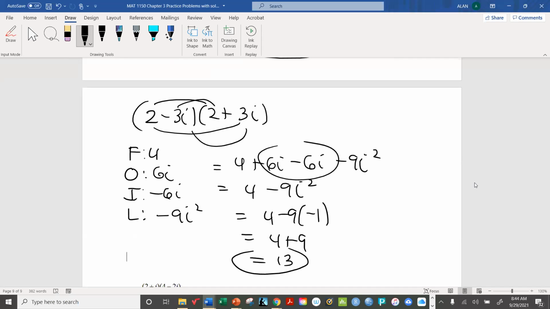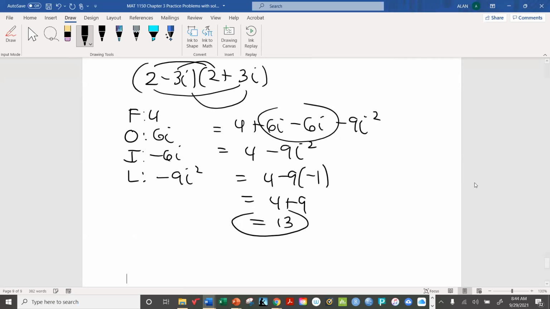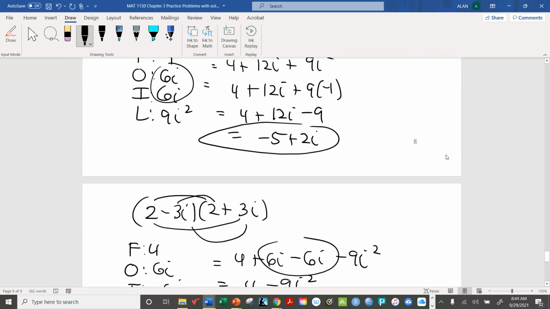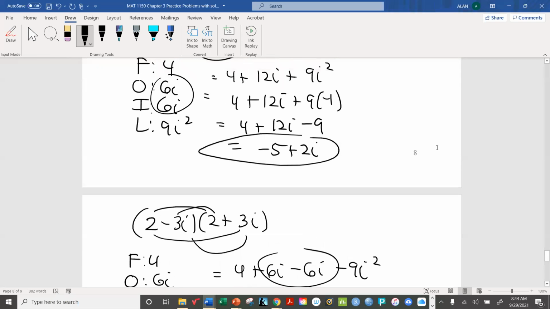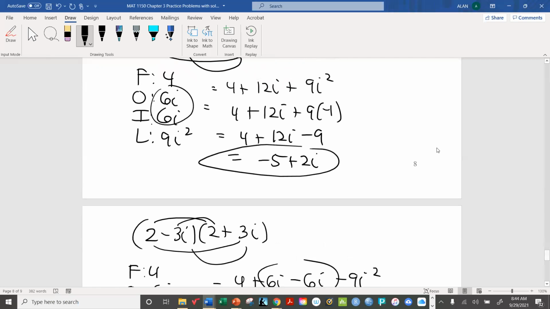All right, so when all the dust settles, oh, you know what? I just realized I did the same thing again. This is 12i, sorry. I don't know what happened. Everything is right up to this point. I just copied this 12 into a 2. So this is actually minus 5 plus 12i.